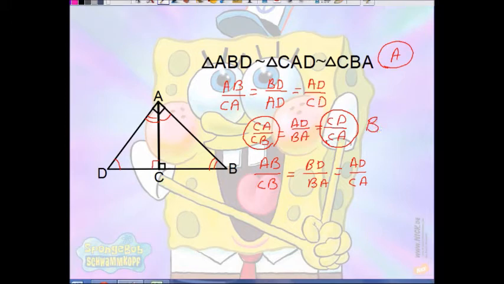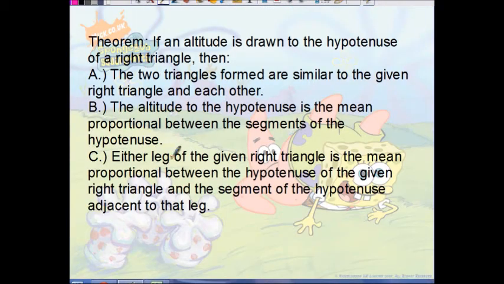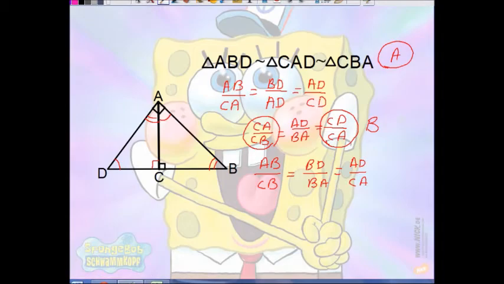So linking up these two pieces is actually our part B. Now, our part C. Either leg of the given right triangle is the mean proportional between the hypotenuse of the given right triangle and the segment of the hypotenuse adjacent to that leg. So here we go. Right here is one of the legs. Again, if DB is my hypotenuse, then AD is a leg, and AB is a leg.